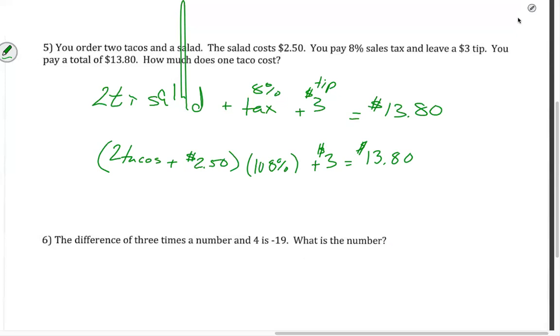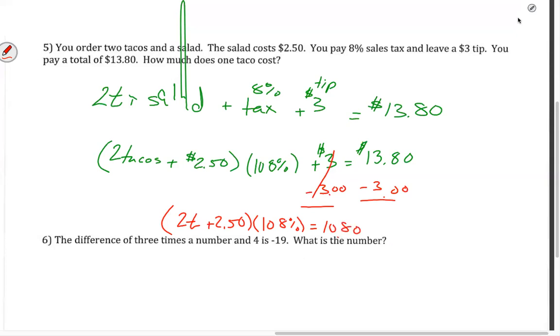Tyler, how do I get rid of plus $3? Yeah. So everybody, let's subtract $3. So you have 2T for tacos plus 2.50 times 108% equals $10.80.